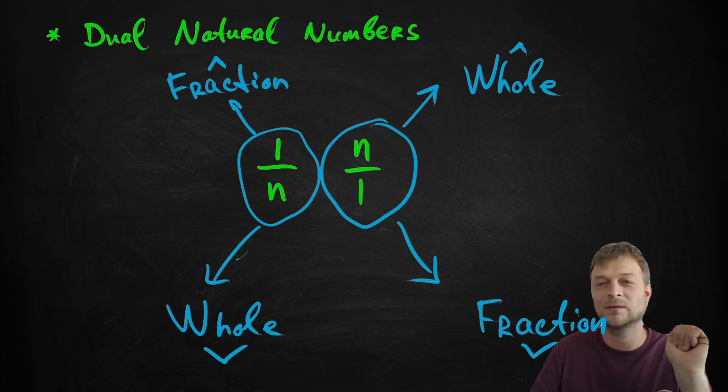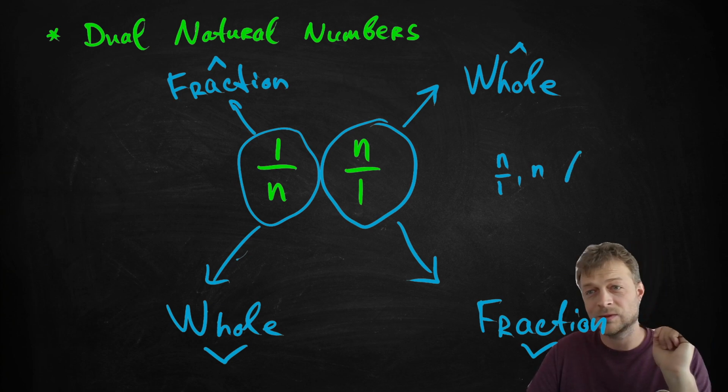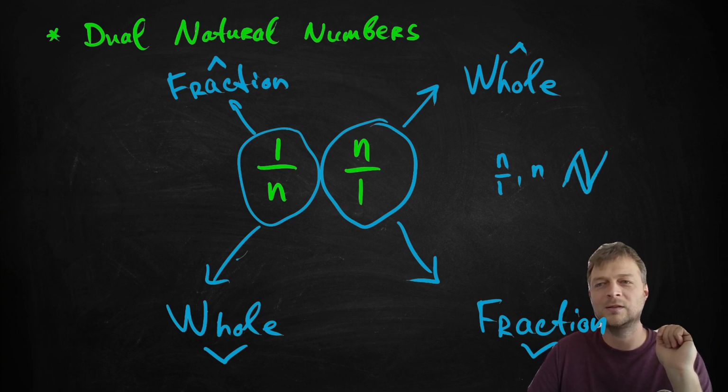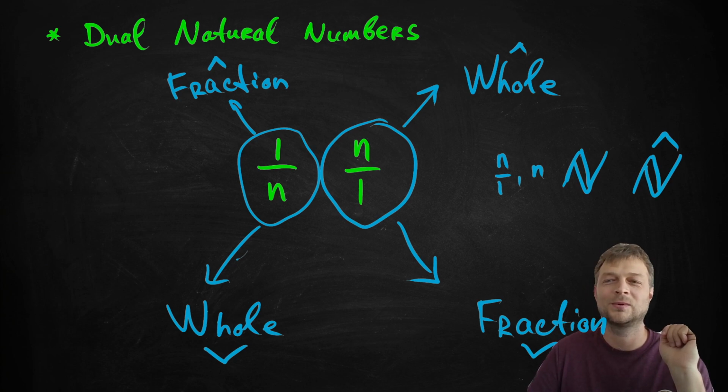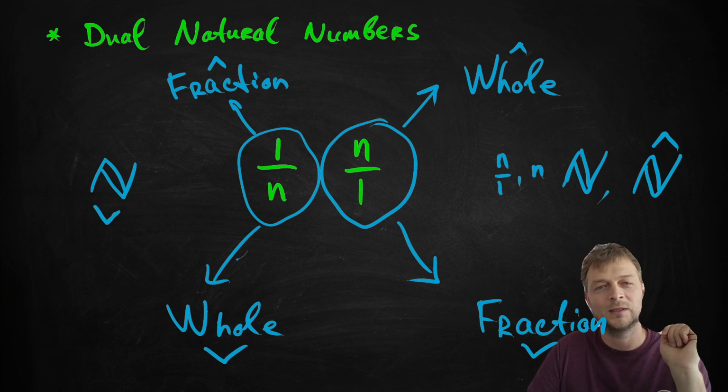So for these numbers, n over 1, standard notation is just n, and we say they are natural numbers. I will note this as n with a hat on top. And for these ones on the left, we can just invent a new notation. We can say they are natural numbers, but in the sense of duals. So this is the dual natural number.